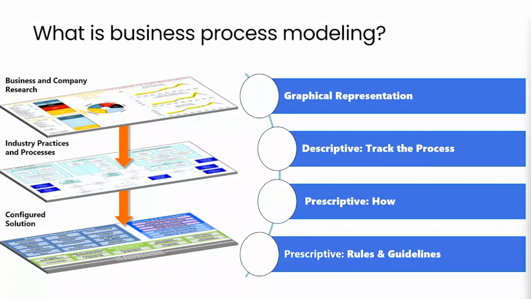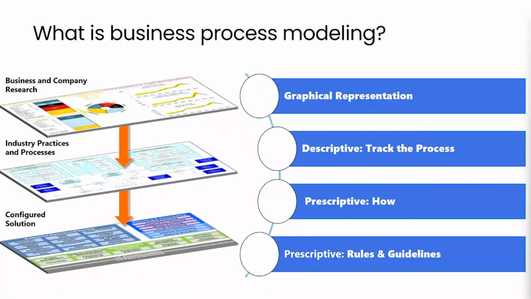But it's also prescriptive, meaning how should we execute a particular process? What are the steps that we need to take? And they're also prescriptive in the sense that they provide the rules and guidelines for how that process should function. It's those decision boxes that you add into a typical business process flow.